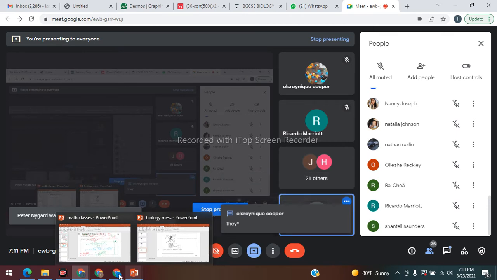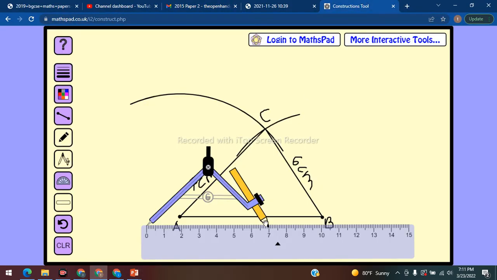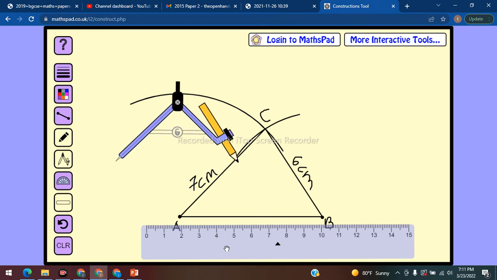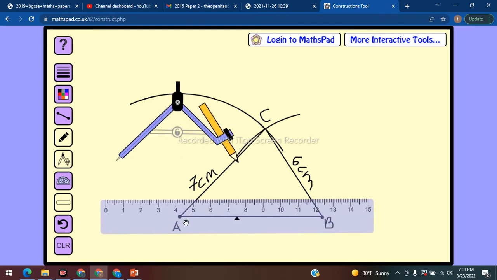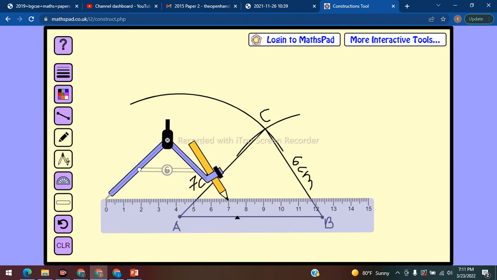Okay, so you were asking me to show you how we got the A to C, right? Yes. So I just took my compass, and I start at 0. Then I extend it all the way to 7.